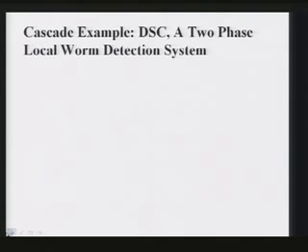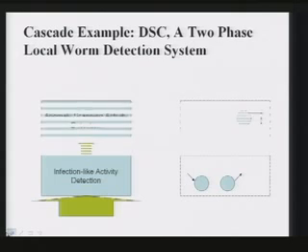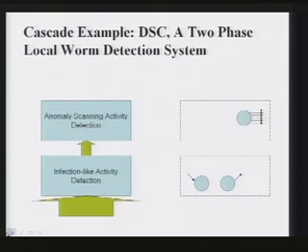Meaning that a host is being hit at one point and then goes out and has some outgoing traffic from the same port. And of course that's not enough. So the next phase is that for those hosts, you look at their scanning activity to see whether it's scanning at an abnormal rate.